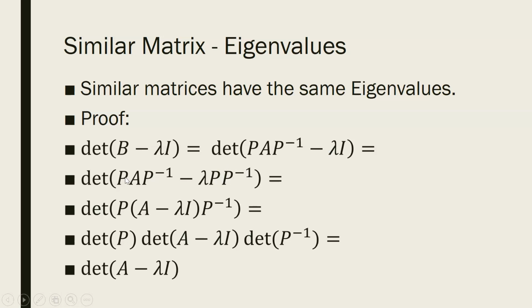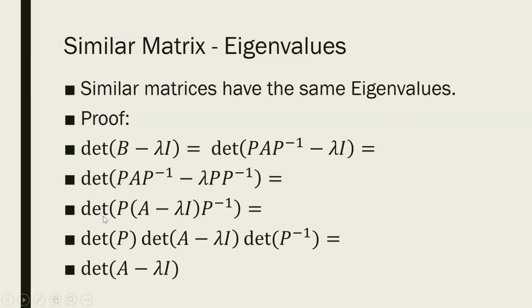And if you want, you can factor out the matrix P on the left, and you can factor out the matrix P inverse on the right. So you get the determinant of P times (A minus lambda I) times P inverse. And what do we know about determinants?